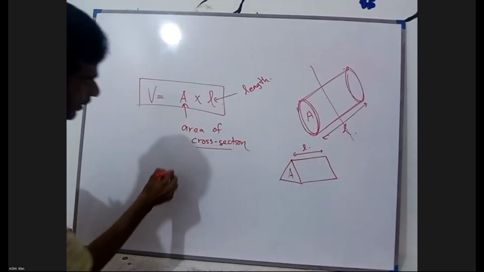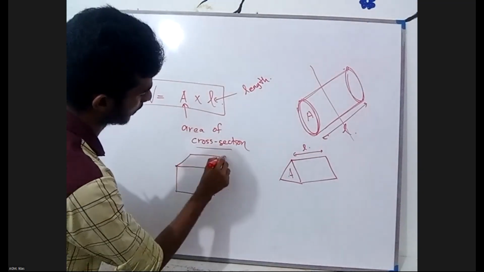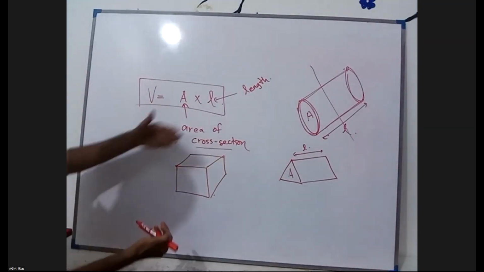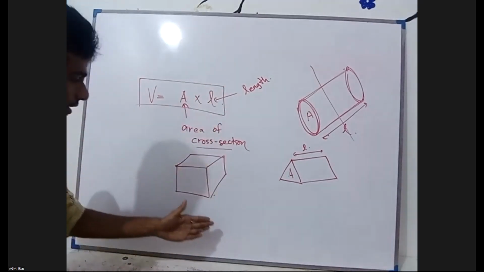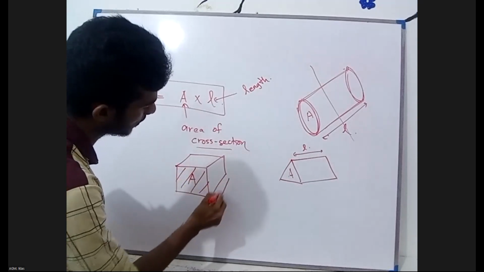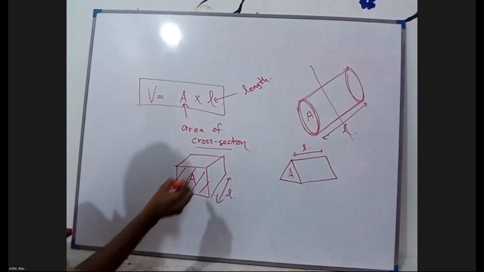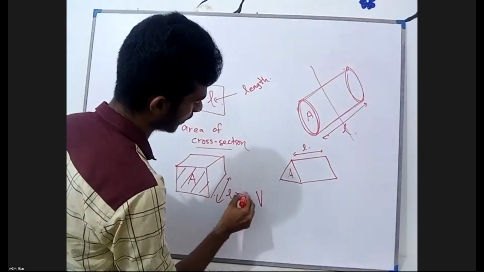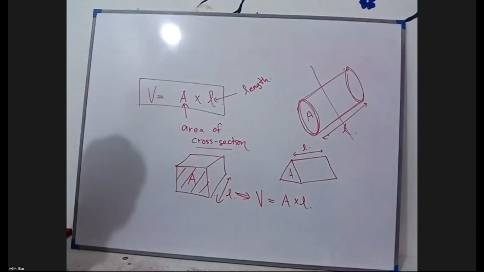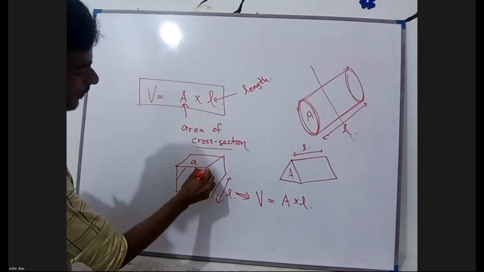If you take Q1, this is for Q1. So here what is the cross section? You can take this as cross section or this as cross section. Let me take this as cross section A and this is its length L. So V is equal to A into L. Now I'm going to take this side as a and this side as b.